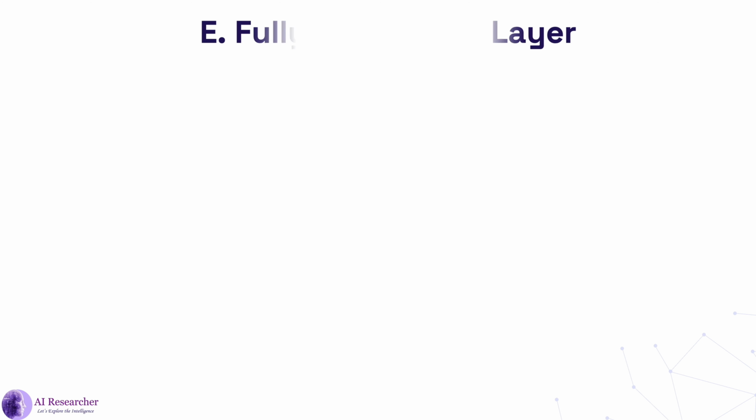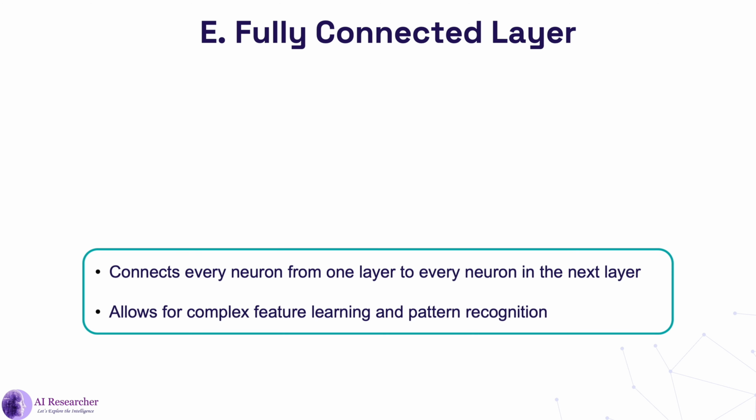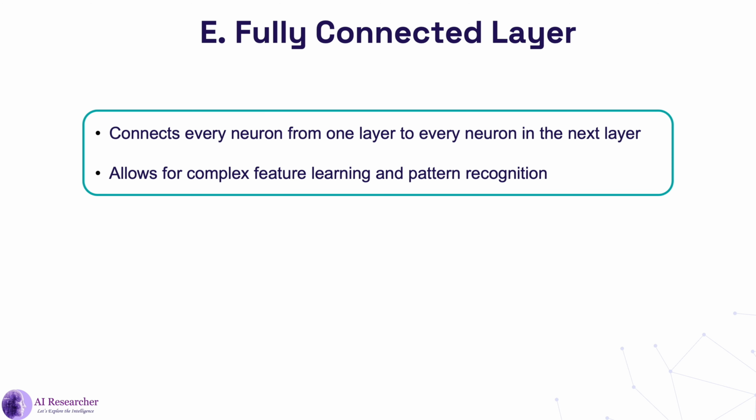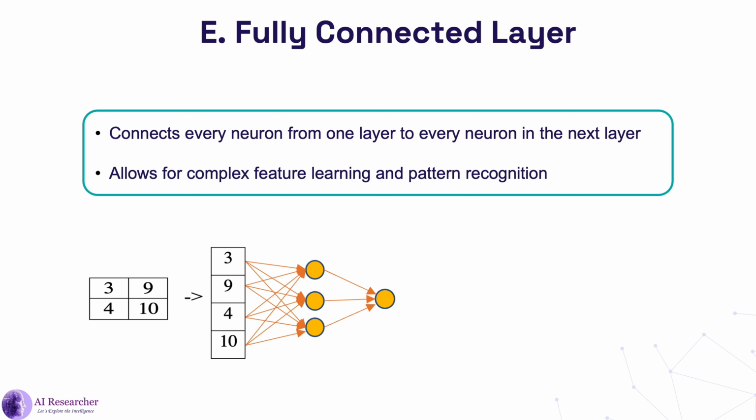Next layer is a fully connected neural network or a fully connected layer. You can call it an artificial neural network or a dense layer. This layer connects every neuron from the previous layer to every neuron in the fully connected layer.